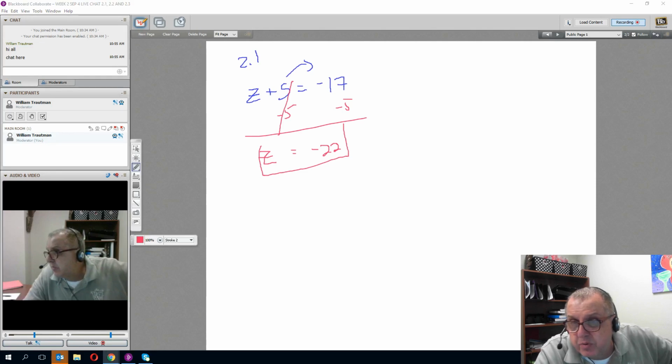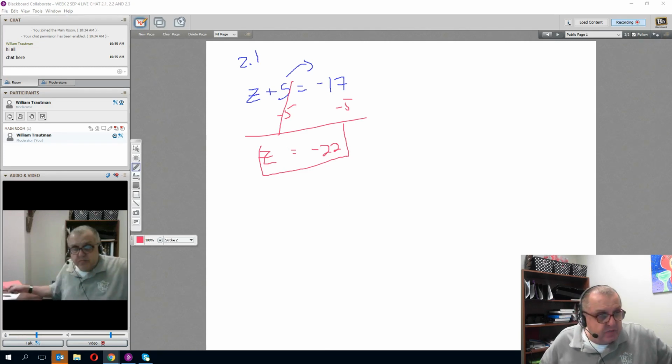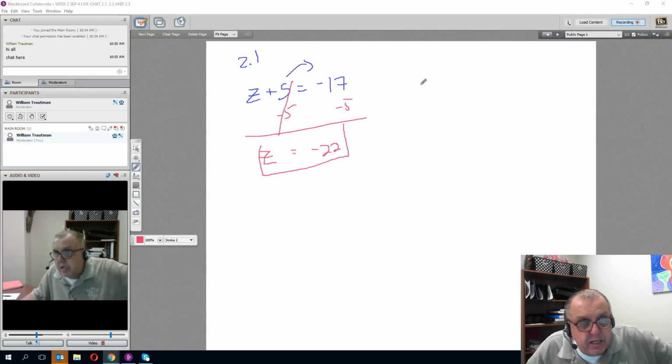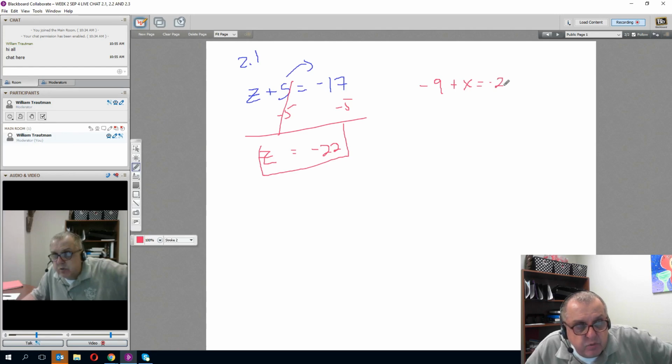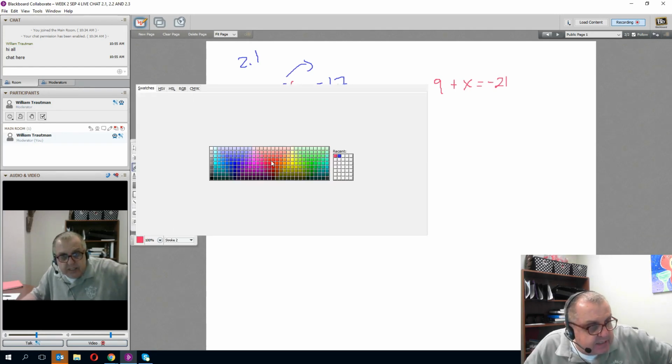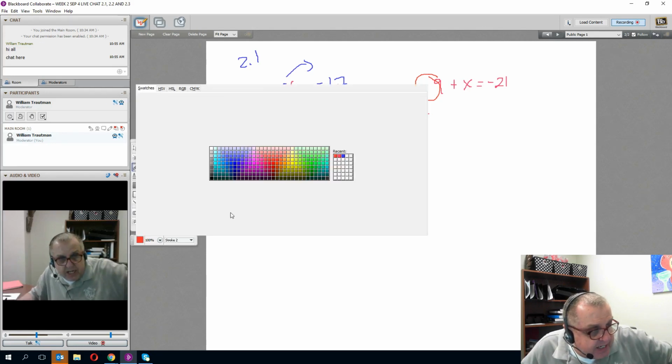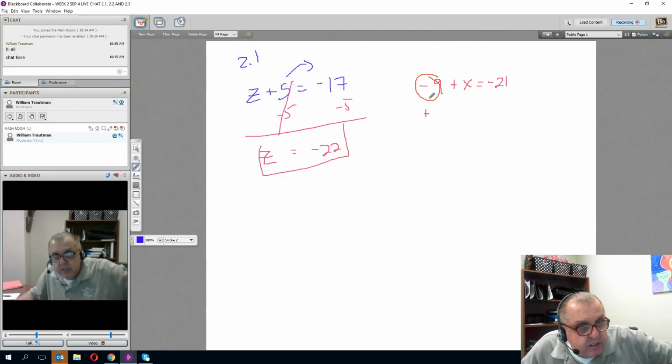There are 11 problems. I'm going to fast forward to problem 3. It says negative 9 plus x equals negative 21. So the question is, what is the negative 9 doing to this side? You see it's a negative 9. The opposite is a positive 9. So I'm going to add 9 to both sides.